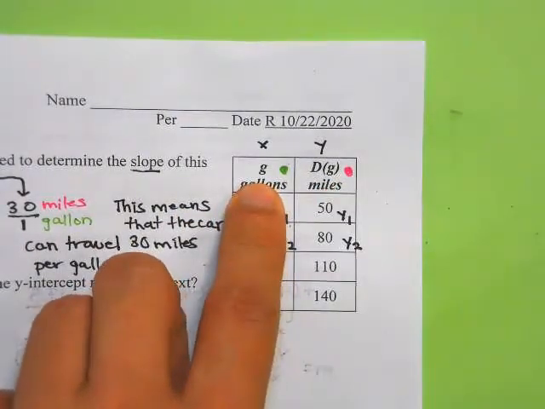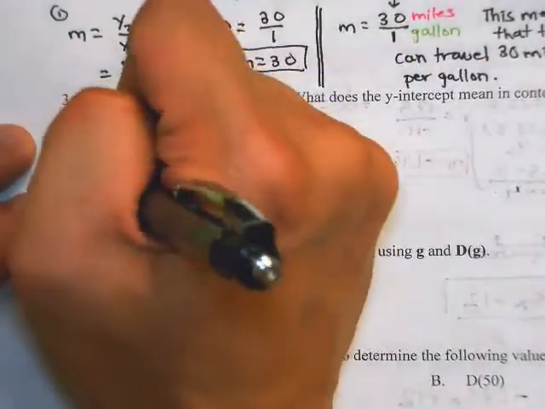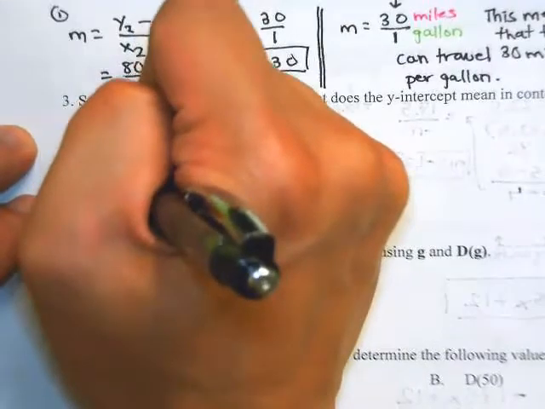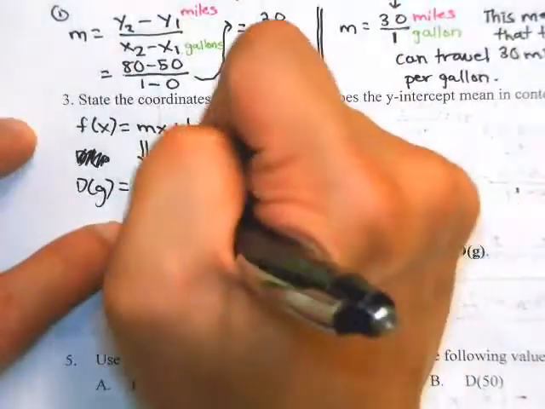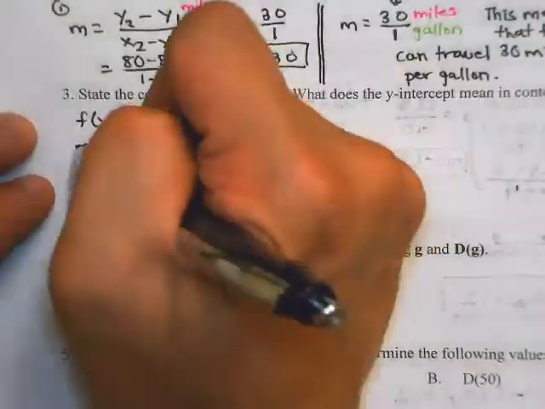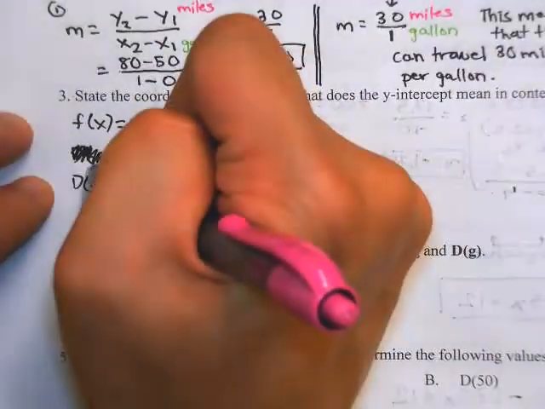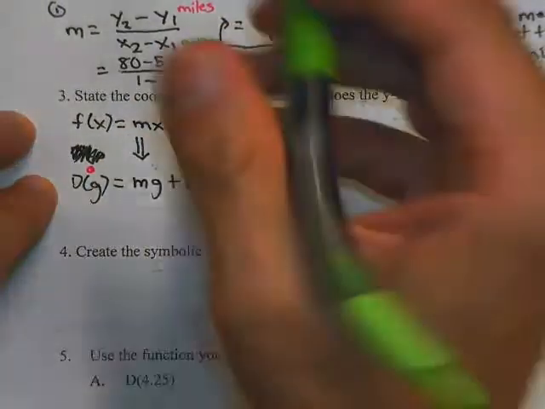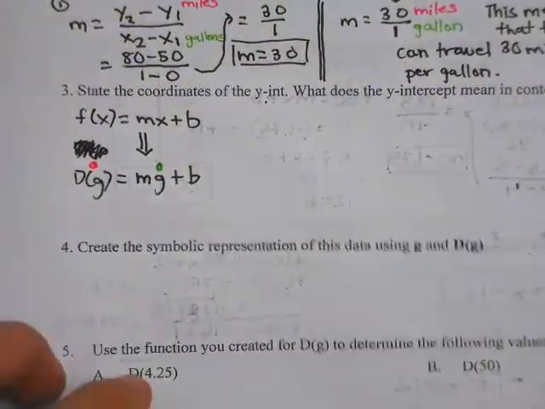So we're just going to change its name a little bit, but the structure is still going to be the same. So it's going to be d of g equals m times g plus b.